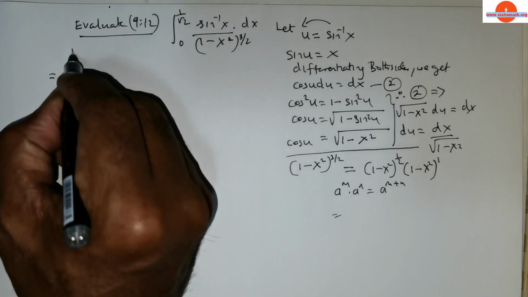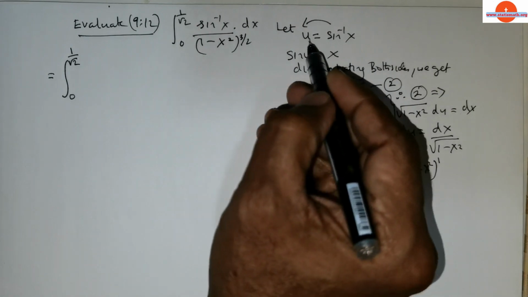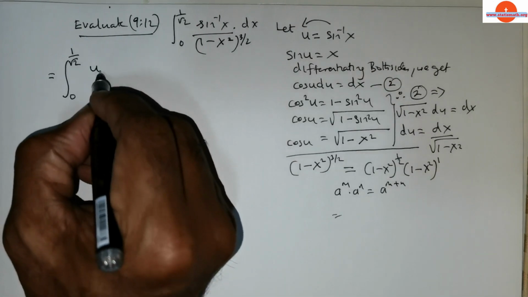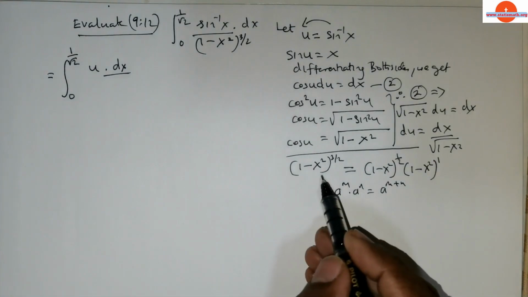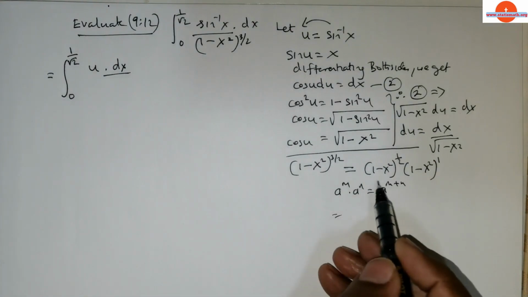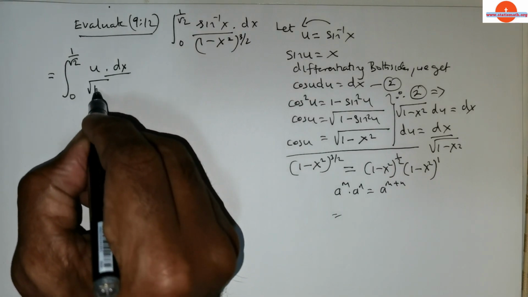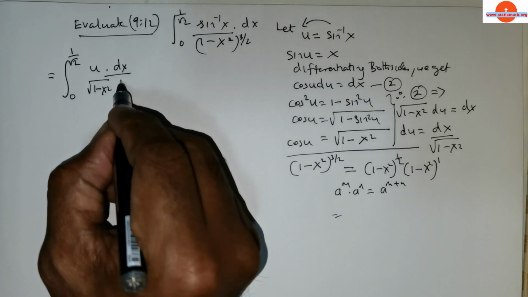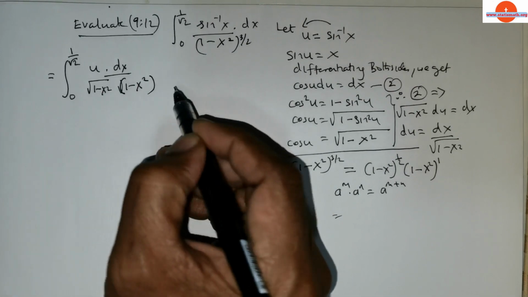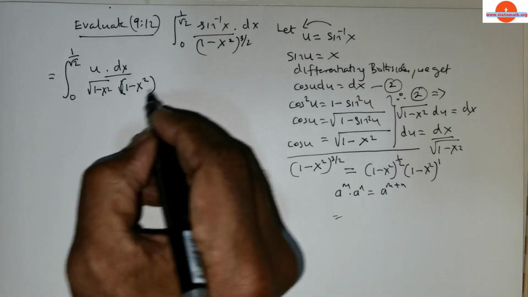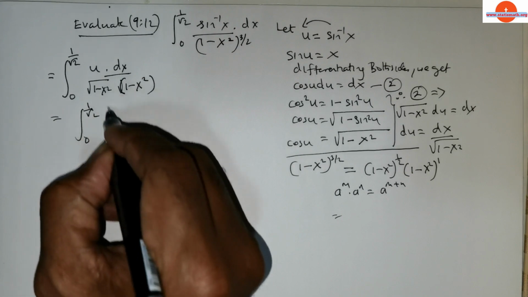I've got the limits 0 to 1 over root 2. In the place of sine inverse of x, I would be substituting u, times (1 minus x squared) raised to the power 3 over 2, which is written like this: root of 1 minus x squared multiplied with 1 minus x squared. I'm not touching the limits, I'm just writing the same limits.